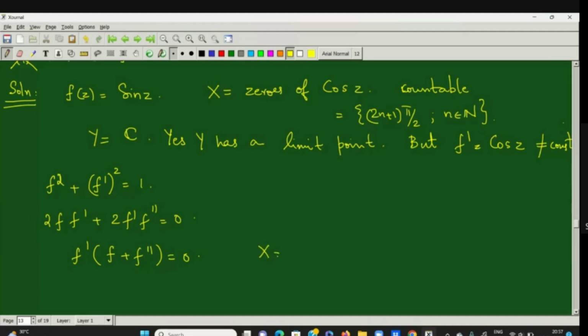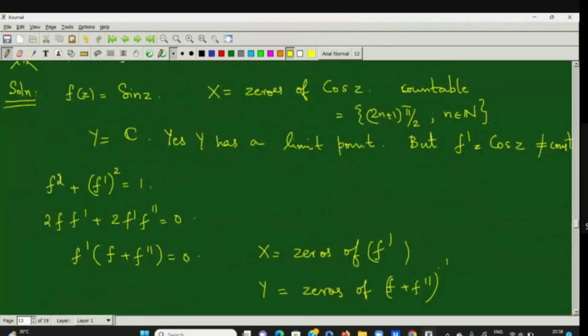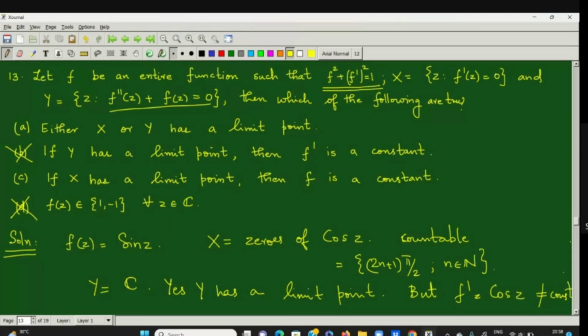If X is the zeros of f dash and Y is the zeros of f plus f double dash, at least X or Y has to have a limit point. And if X has a limit point, again by the identity theorem, f is a constant. So A and C are true.